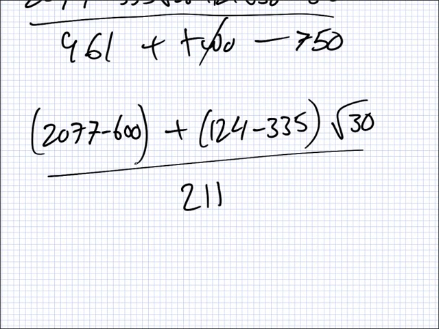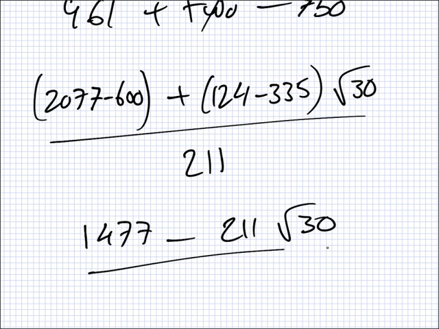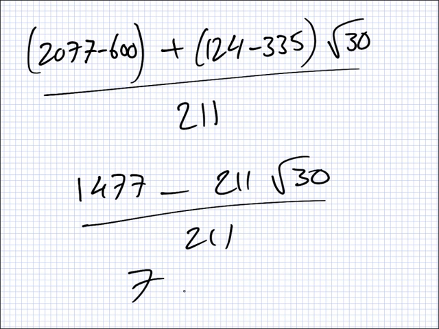So 2077 minus 600. What's that now? 1477. And then that's a minus, obviously. 211. Oh, well, that's nice because 211 goes into it 7 times. 7 minus 1 root 30. Like this then.